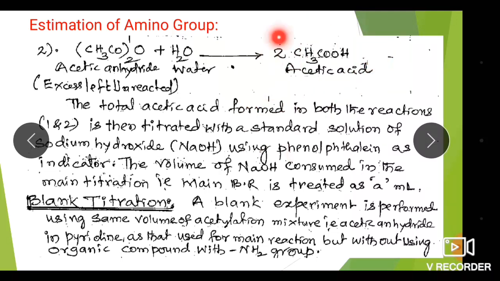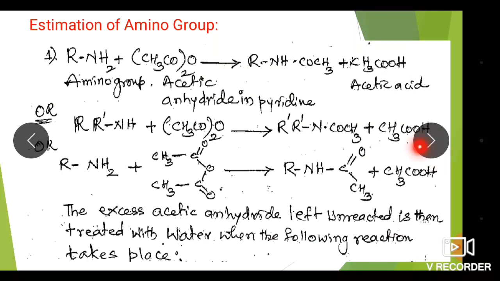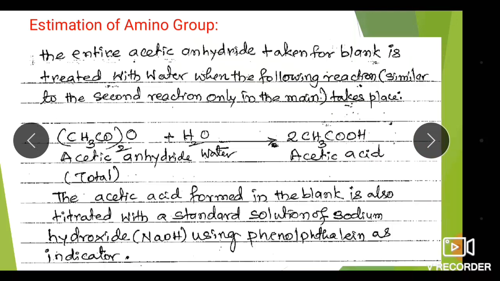The left unreacted acetic anhydride on hydrolysis with water gives 2 molecules of acetic acid. Suppose this is the 5 ml, and from this 2.5 ml from the first reaction is the side product acetic acid. Then what is the net blank reading and the sample reading?